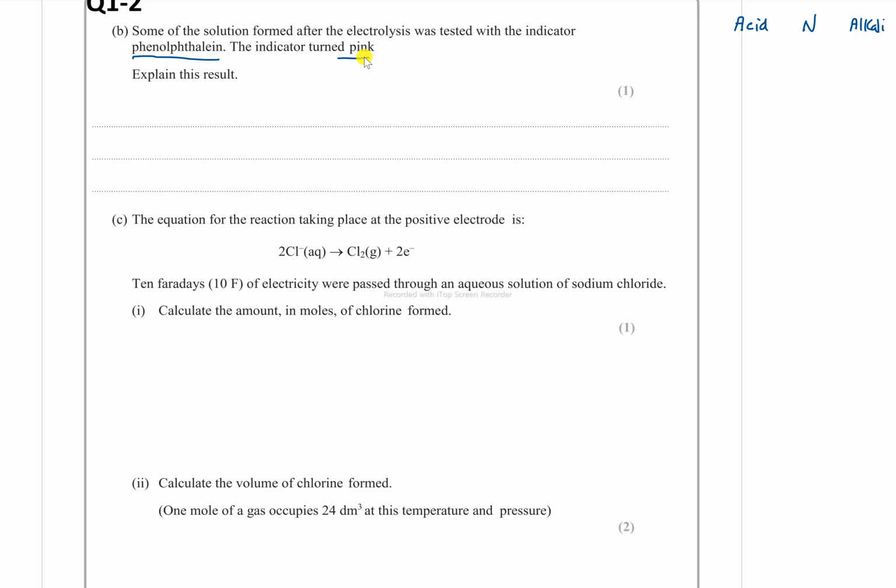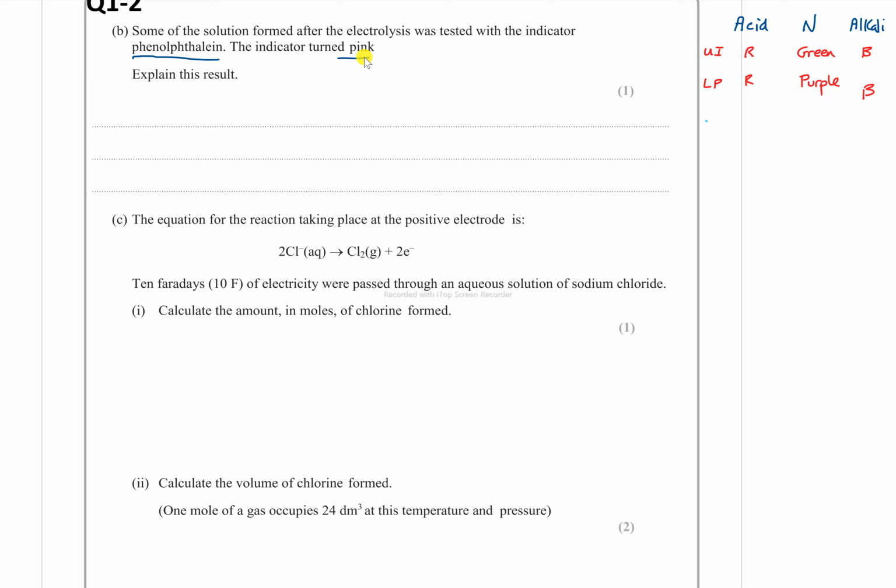Then I put universal indicator and litmus paper. I start with these two. I know they are red in acid and they are both blue in alkali. Universal indicator is green when neutral, and purple in alkali. That's probably the best way to remember them because of the mark schemes.